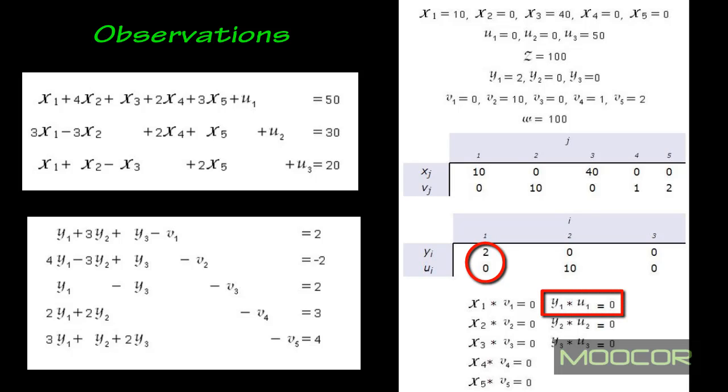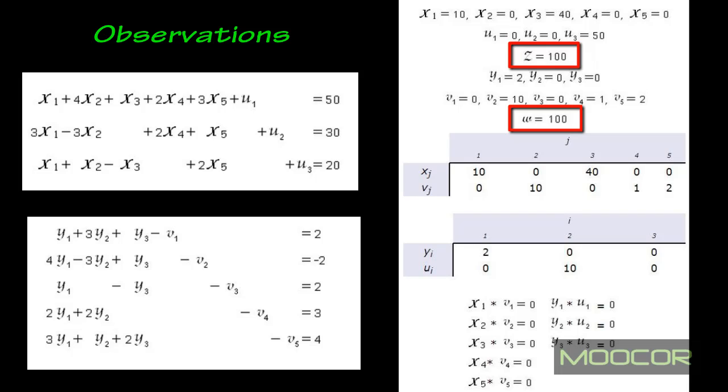Similarly for yi and ui. I also noticed that the value of z and the value of w at the optimal solutions are the same. So some of these observations are going to be helpful to us.